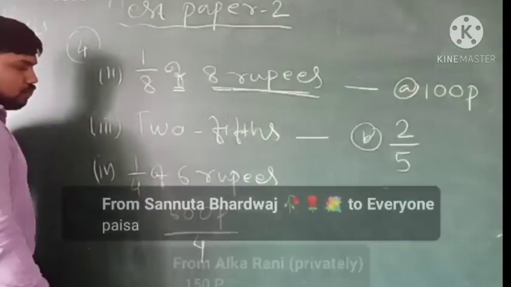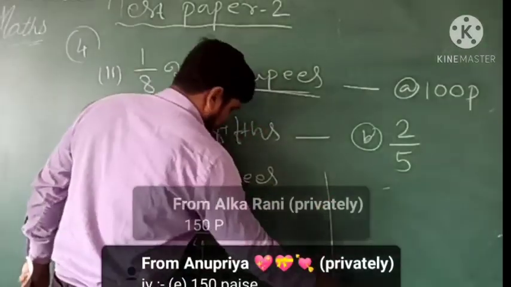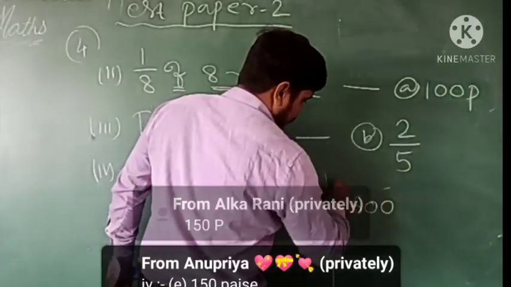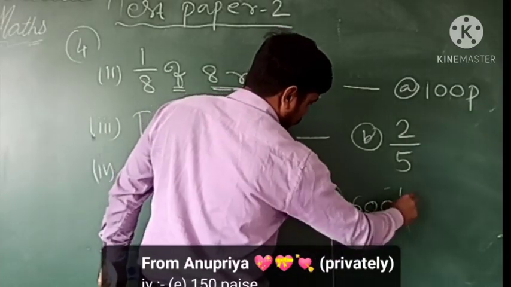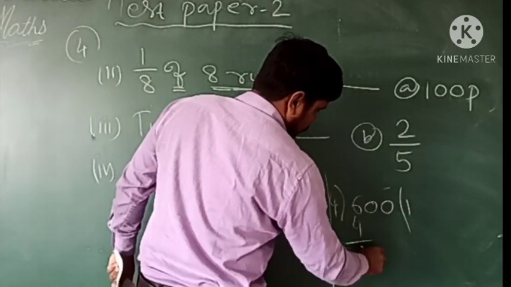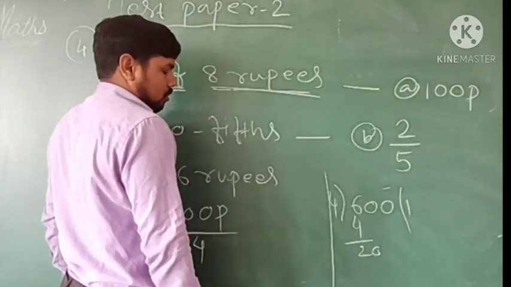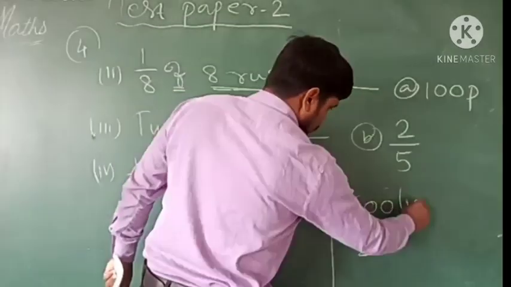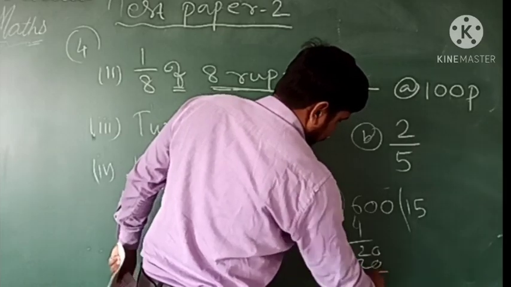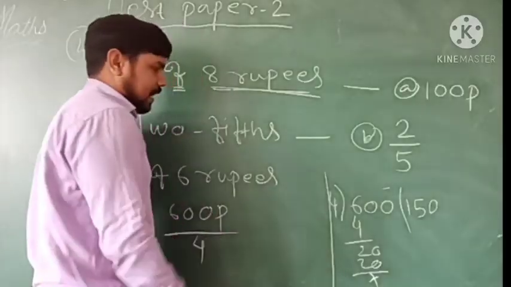So अगर इसको 4 से डिवाइड करोगे, let us see how much. 600 divided by 4. 4 1 are 4, 2 0 4 5 are 20. Okay, 0. So 150, right?